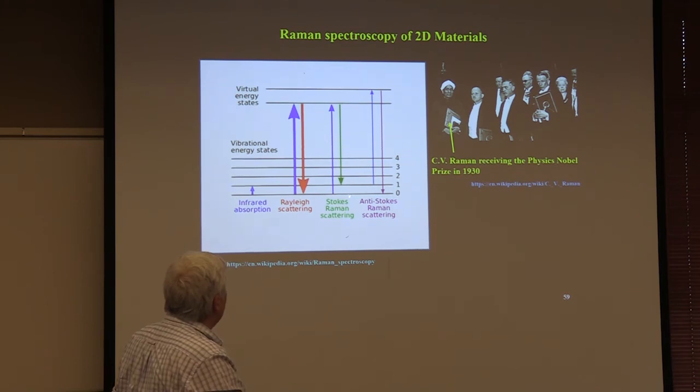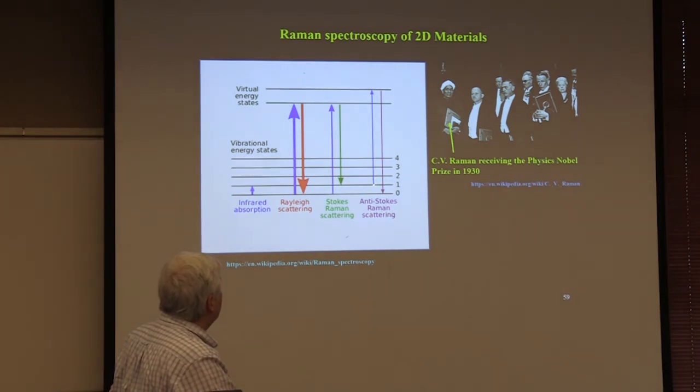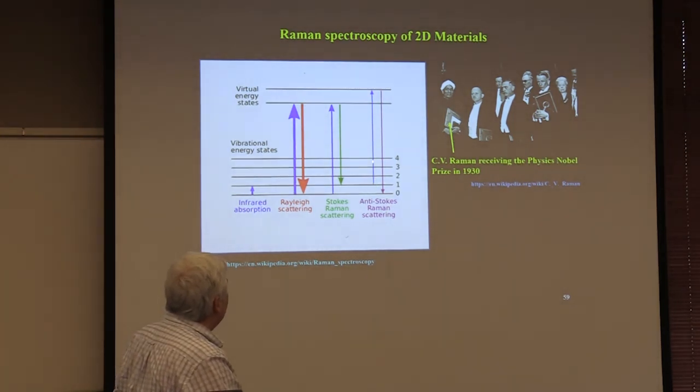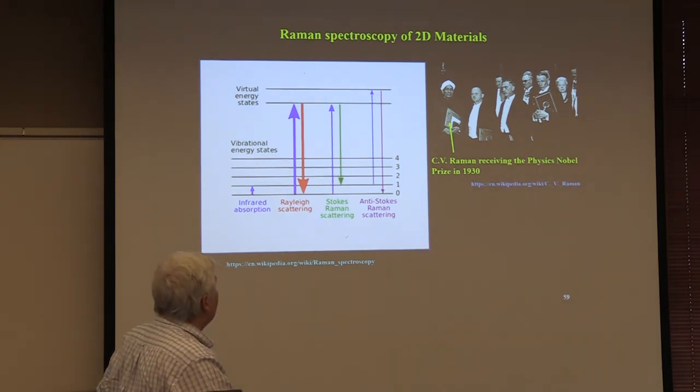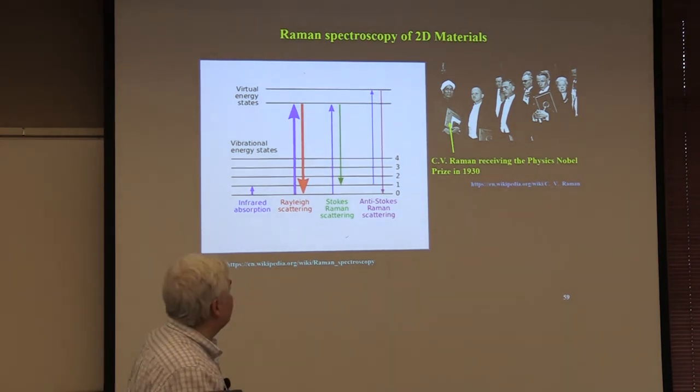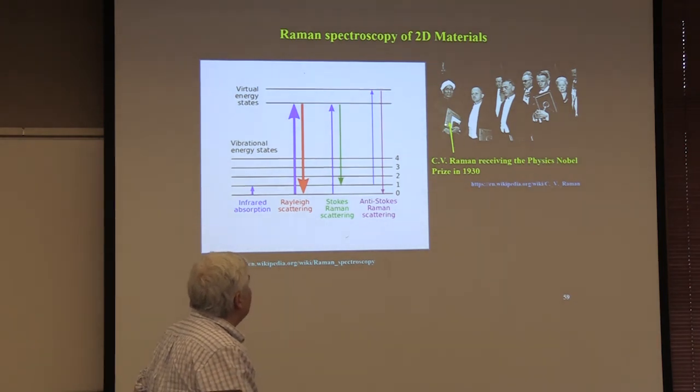This is called Stokes, and here you have the Raman effect. Or anti-Stokes, where you start from an already excited vibrational level, and then you end up in scattering with the ground state of vibrations. So Raman found these, and he got the Nobel Prize.